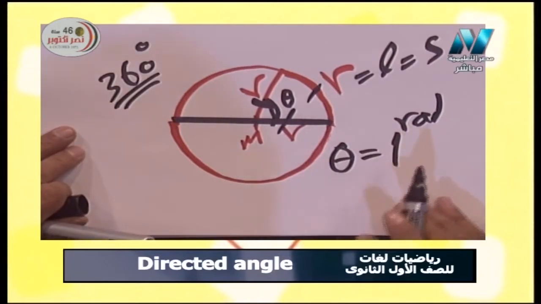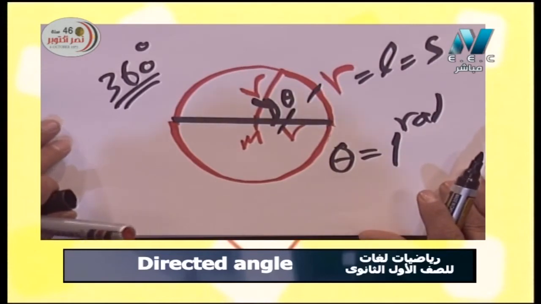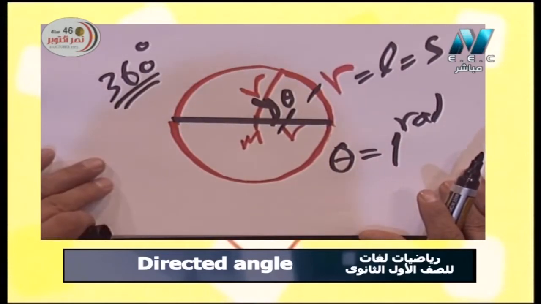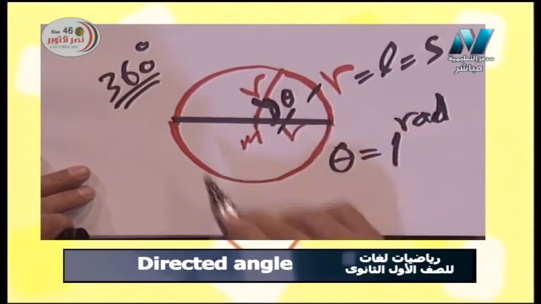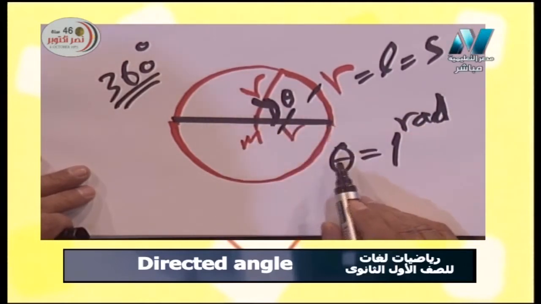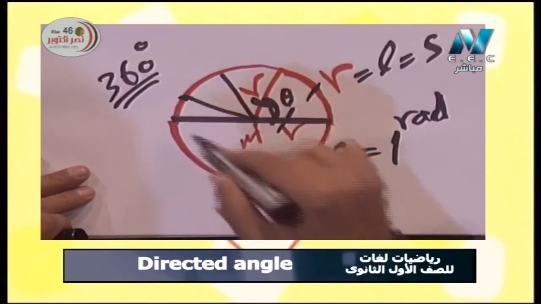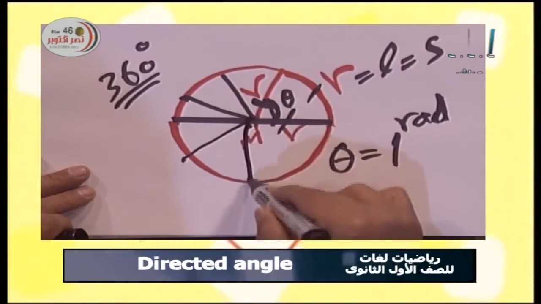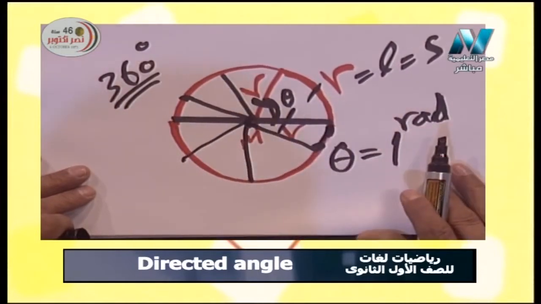Okay, so we have another method to measure angles, which is rad. This is theta rad or 1 rad, and 2 rad, 3 rad, 4, 5, and 6. This part is about 0.28.